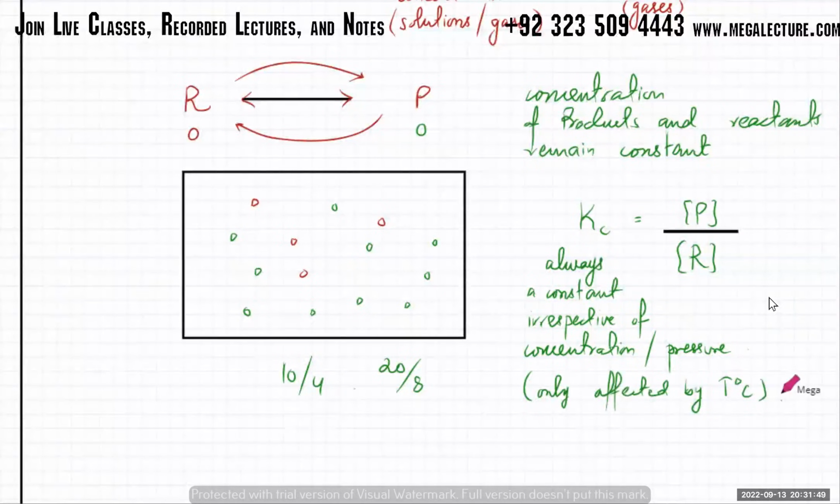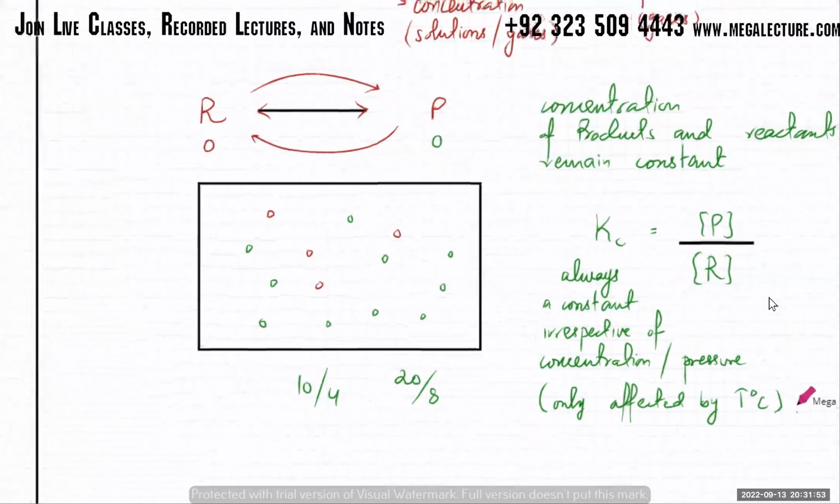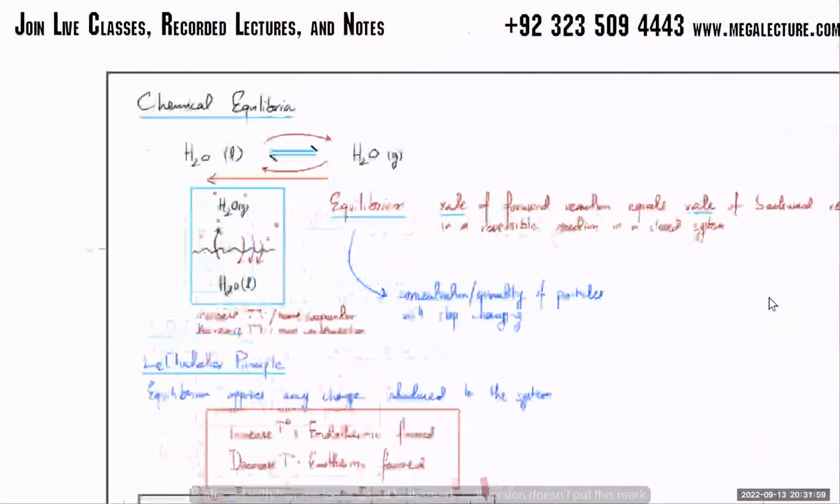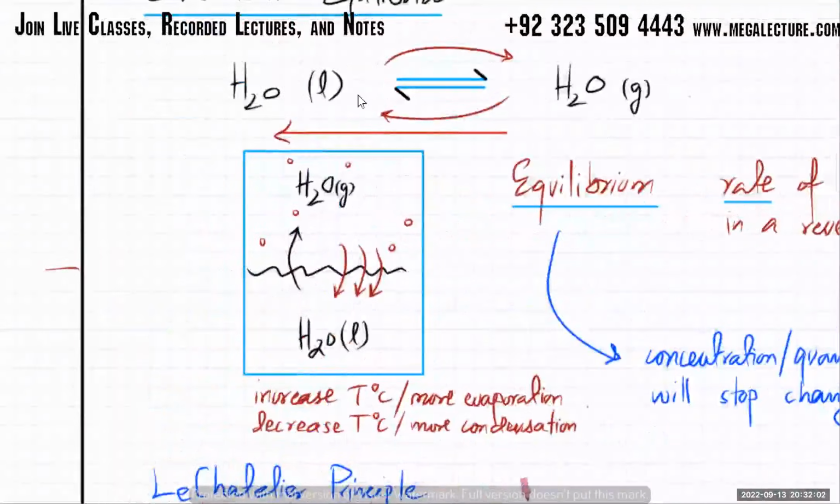Why temperature? Because once you increase temperature the reaction all of a sudden goes in one direction or the other, and the ratio is not maintained. For example, the water example: the ratio of products over reactants, if I increase temperature then the whole equilibrium will shift to one direction, which is that it will form steam, it will no longer form liquid water. If I decrease temperature the whole equilibrium will shift to the left. So with temperature the ratio is not maintained. Is that clear?